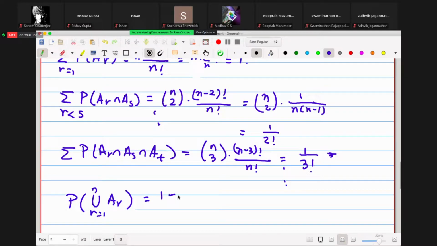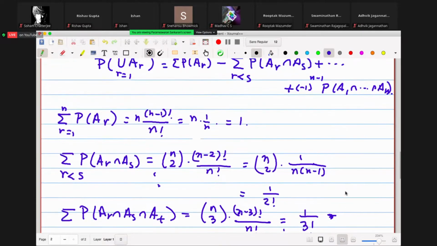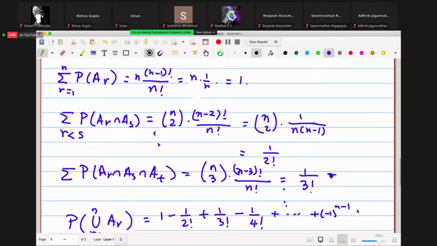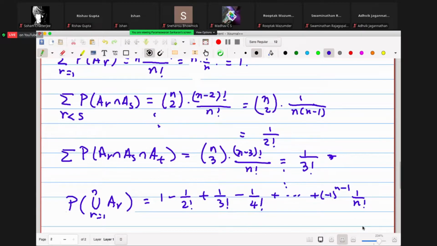minus 1 by 2 factorial plus 1 by 3 factorial minus 1 by 4 factorial, and so on. And finally, plus or minus 1 power n minus 1, and 1 by n factorial. All the numbers are in place, and probability of that happening is exactly 1 by n factorial.